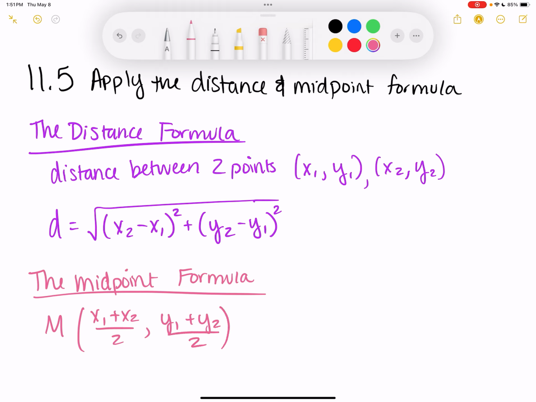When you've been told before to find the mean or find the average, you added everything up and you divided it by how many terms there were. Well, if I have 2 points, when I add their 2 x values and their 2 y values together, and respectively I divide them by 2, I had 2 things, so I divided by 2, that's going to find the middle of that line for you, okay?